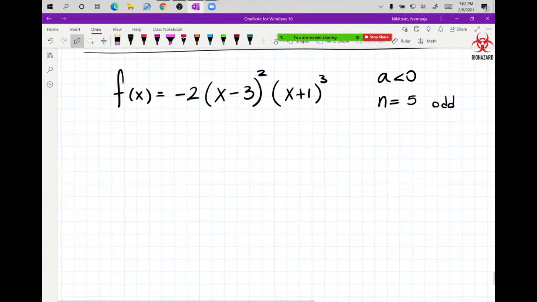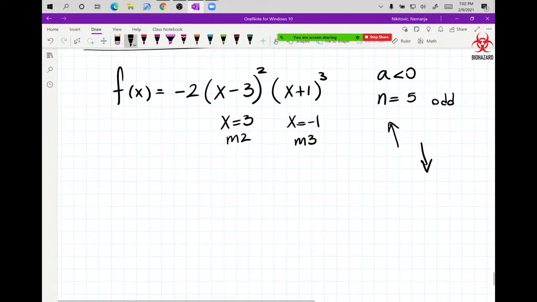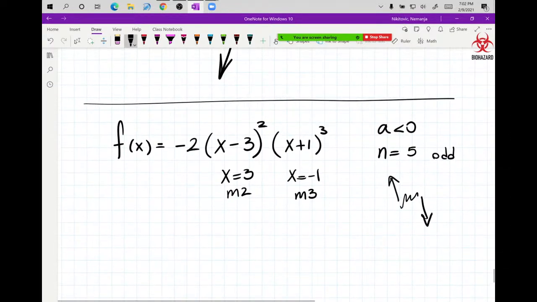So going back to our problem, right? There is a bounce at 3 and a pass-through at negative 1. So this one goes like this. All right.